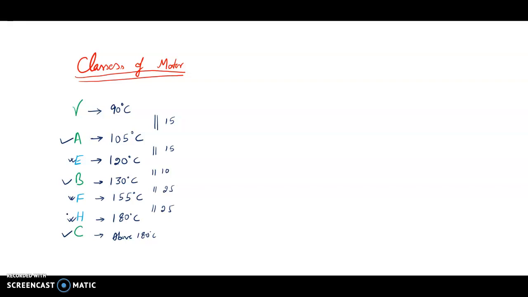Otherwise, you can run the motor in any way. It doesn't have any effect unless the temperature rises above the rated value. As the insulation strength, the insulation type, increases, obviously the cost of the motor will also increase.